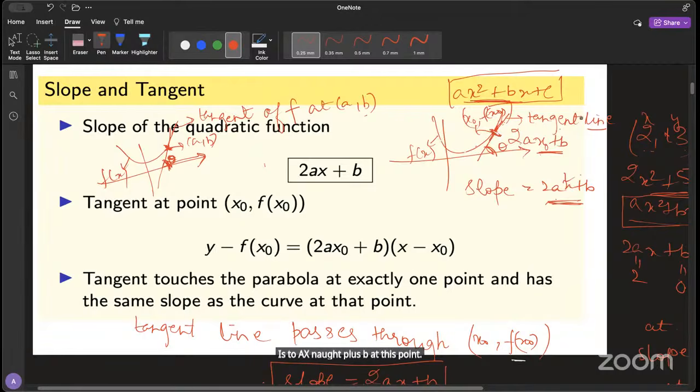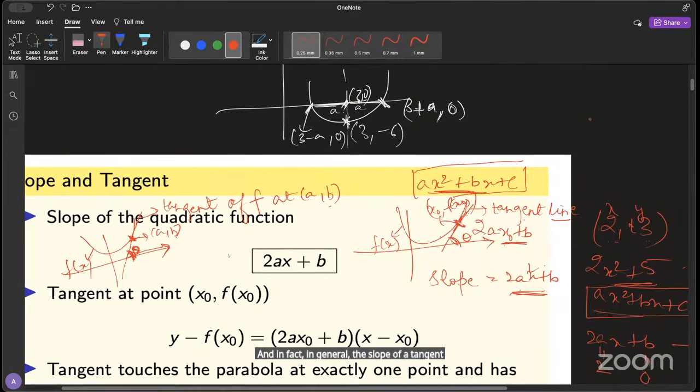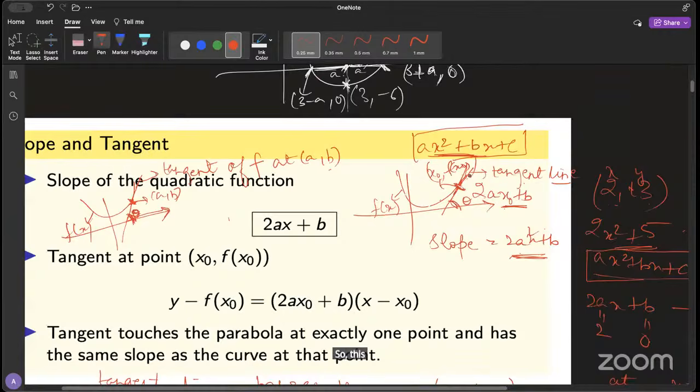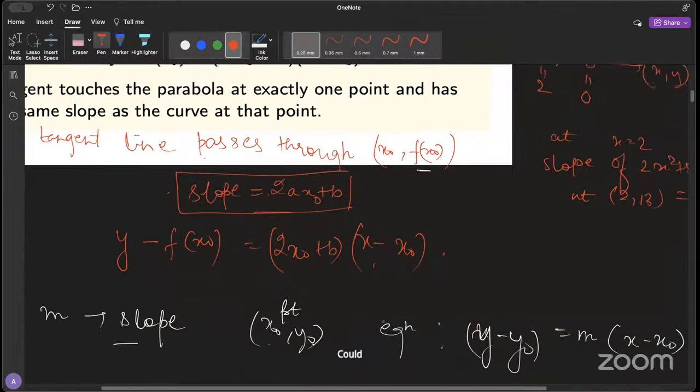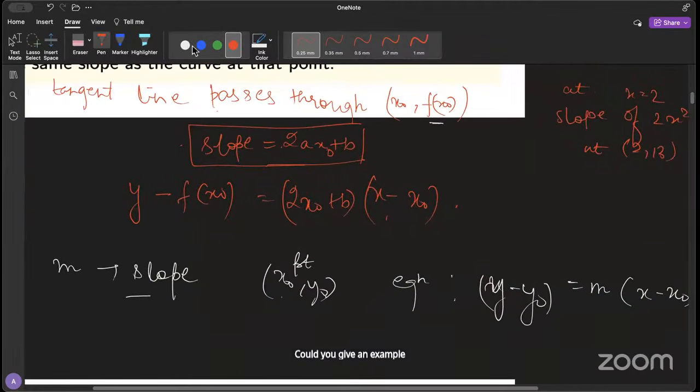And in fact, in general, the slope of a tangent line is constant, right? If you have a straight line, then the slope of it is constant. So this 2ax naught plus b is the constant slope of this tangent line. And this is one point that lies on this tangent line. Now you have a point that lies on that line and you have the slope of that line. So you have to use the point-slope form and find this. That's it.